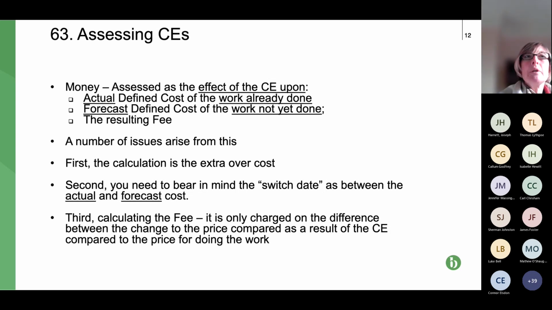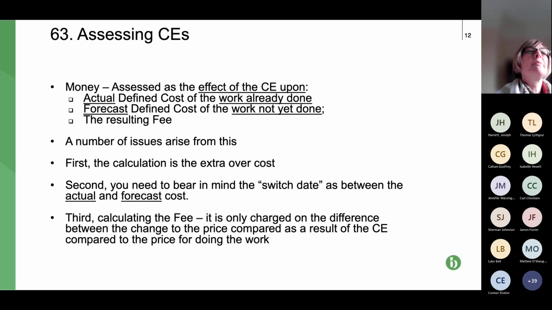So it's the actual cost of the work already done in regard to that CE, and the forecast cost of future work. Now that makes sense because for work already done, we know the actual cost of that, we know what it cost. For future work not already done, we don't know what that is going to be. It's always going to be a forecast.